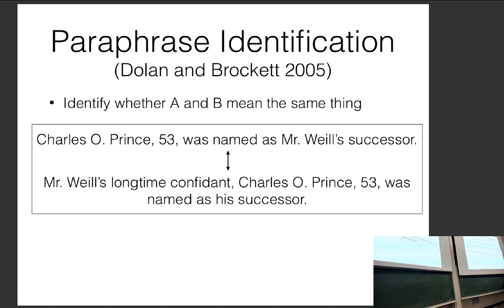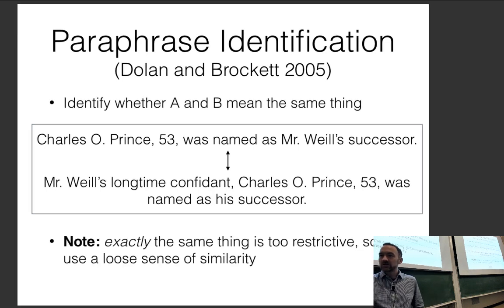Yeah, so I guess the answer is basically, right? It's not exactly the same, but it's pretty close. So paraphrase identification basically says, pretty close, they're talking about the same general topic. Maybe you get longtime confidant from this one, which you didn't get from this one, but hey, it's close enough. This is a minor piece of information.